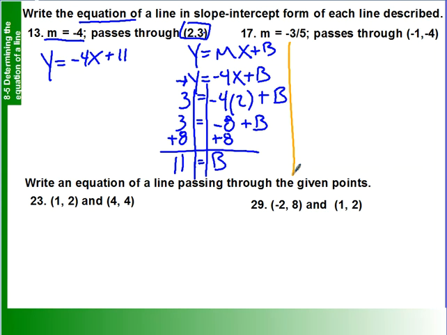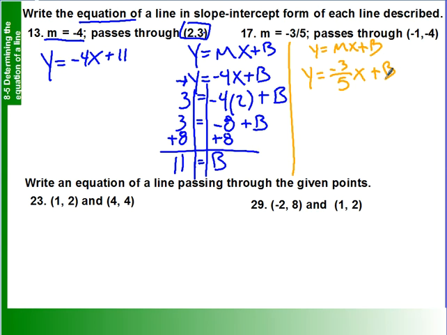All right, so here we go. Same idea. We know that y equals mx plus b. What is our m value? -3/5. So we have y is equal to -3/5 x plus b. Do I have an x and a corresponding y value that I can plug into this equation? -1 and -4.